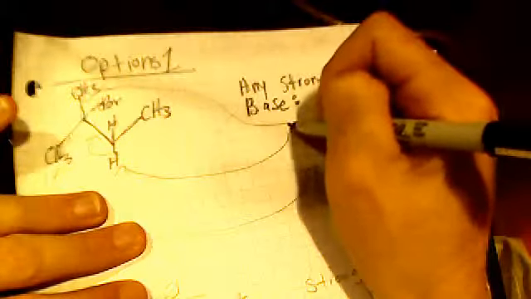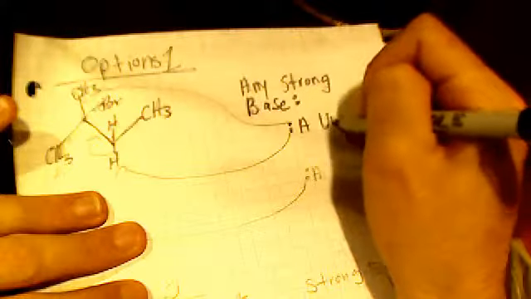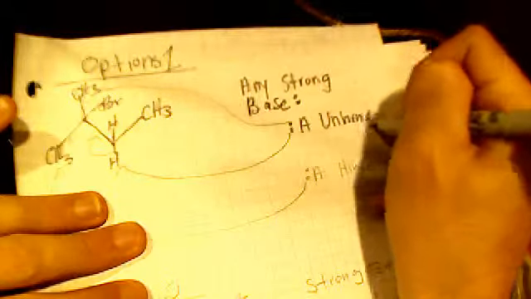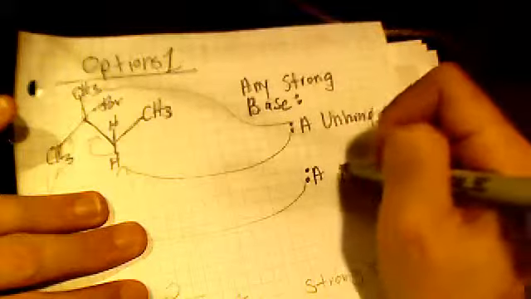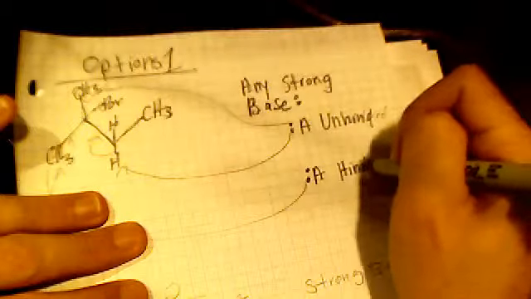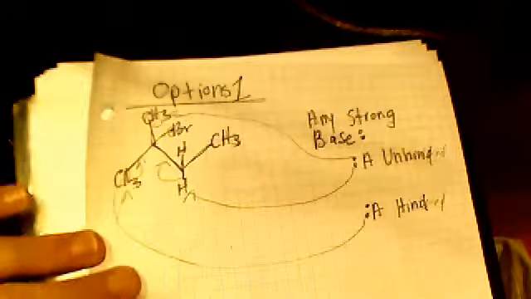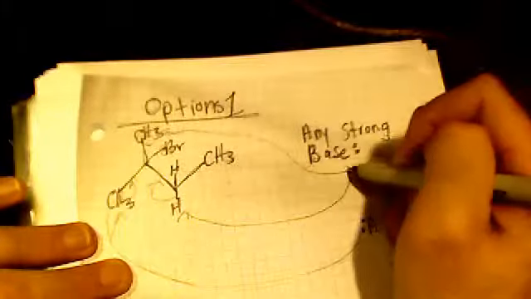So the reason that doesn't work, in my opinion, is because if we're using any strong base, whether it's unhindered or hindered, we're not going to get the product we want. So let's say that we start with unhindered. The unhindered base can either take a proton from here, which is going to make a double bond right here.